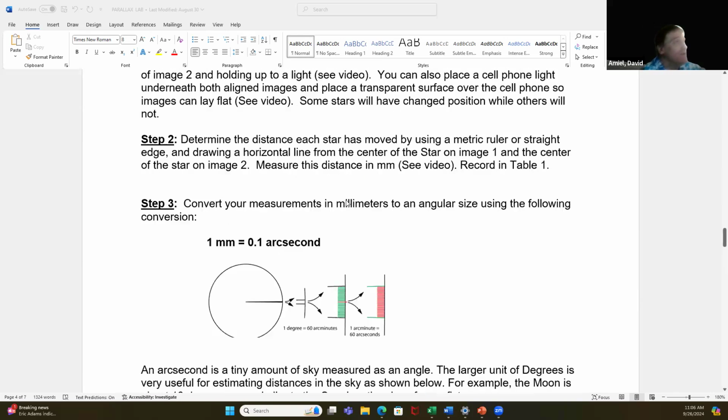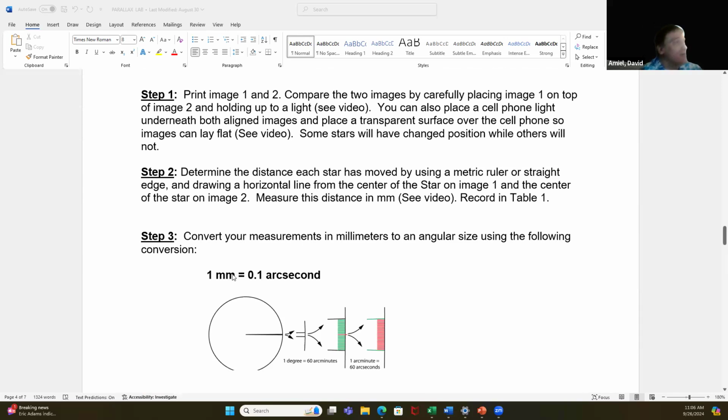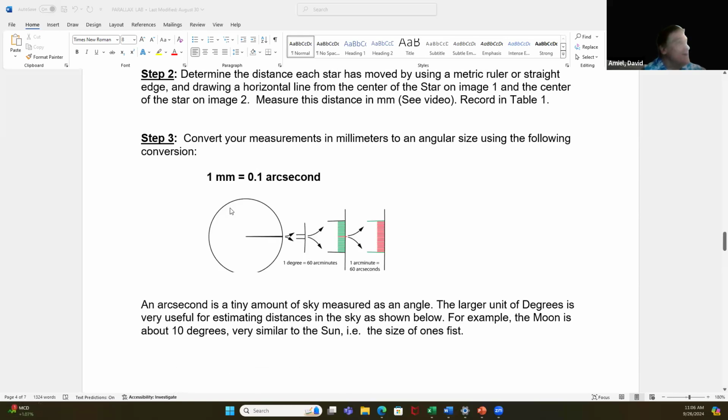To convert millimeters to arc seconds, every millimeter is a tenth of an arc second. So if you had 10 millimeters, that would be 1 arc second. I definitely want to have that correct. Do not want to mislead anyone.